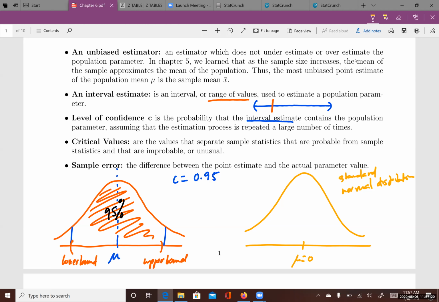They separate the probable sample statistics from the improbable sample statistics. Again, we're still using a level of confidence of 95%, which means the probability from this point to this point is about 95%. And the critical values are these values right here.